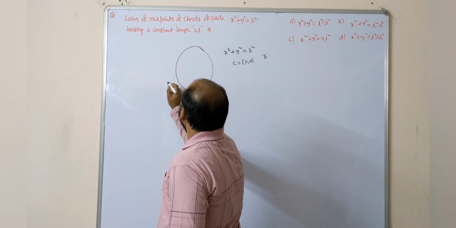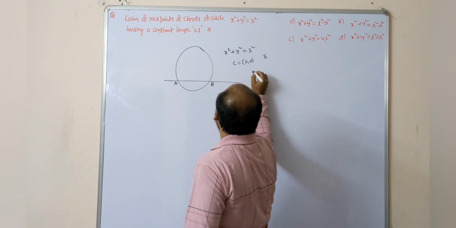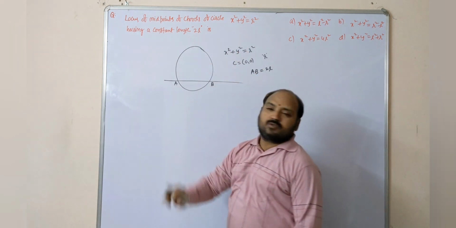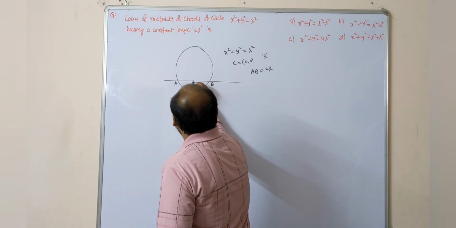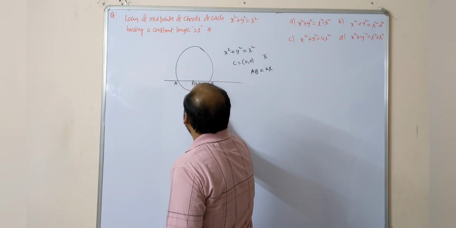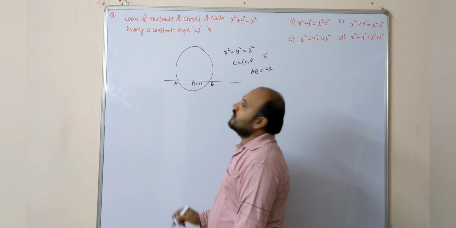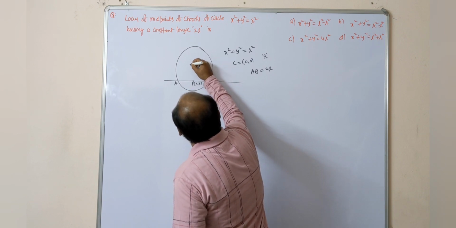The locus of midpoints of the chord is asked. This is chord AB, whose length is AB equal to 2l units. The midpoint of the chord I am taking as P of (h, k). The center of the circle is (0, 0), center C.